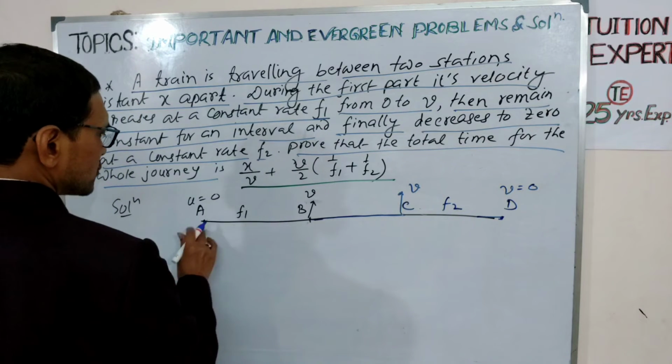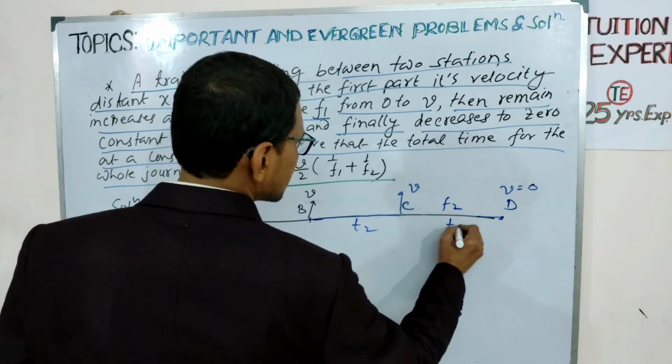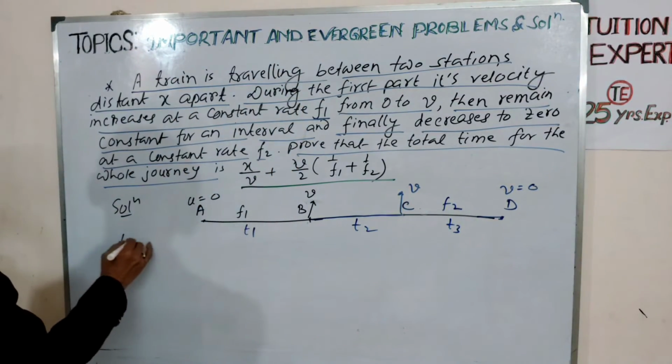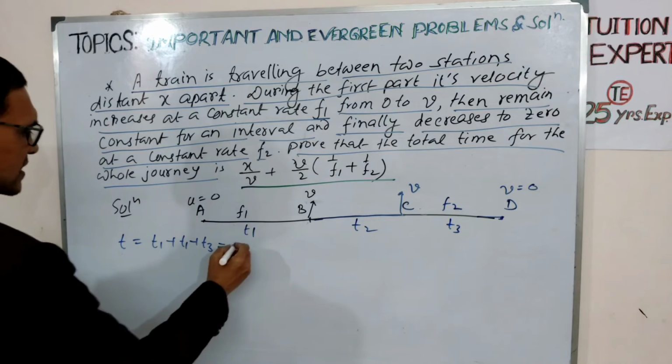Suppose the time taken to travel AB is T1, BC is T2, CD is T3. So you have to calculate the total time T1 plus T2 plus T3 equal to this.